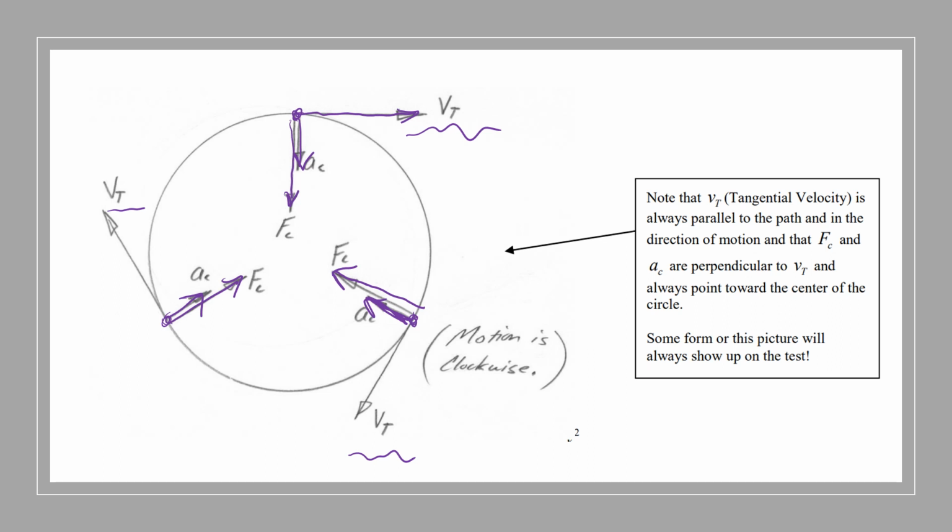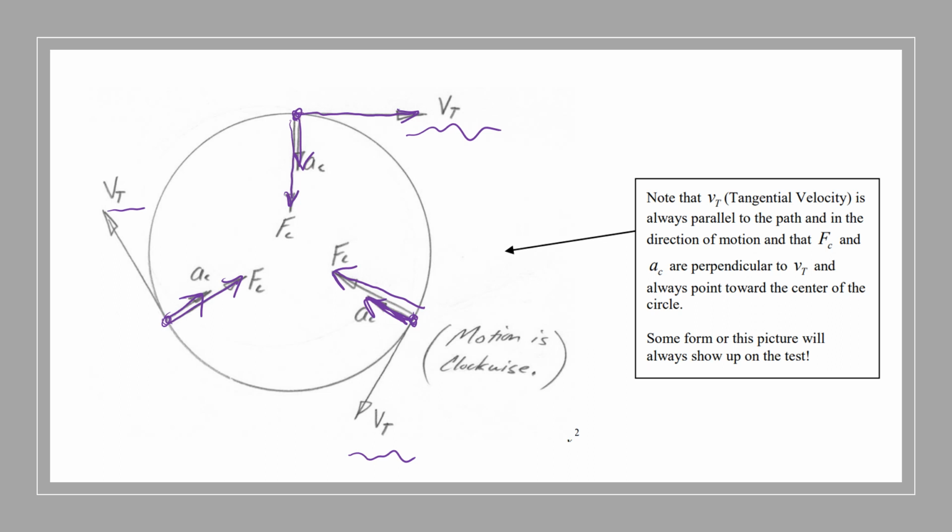Okay, so a couple of things to note from this picture, that the tangential velocity is always parallel to the path and in the direction of the motion, and that your centripetal force and centripetal acceleration are perpendicular to that tangential velocity.